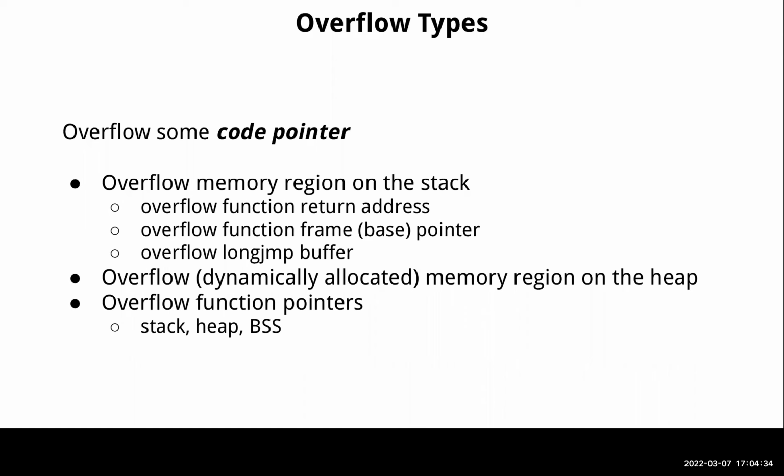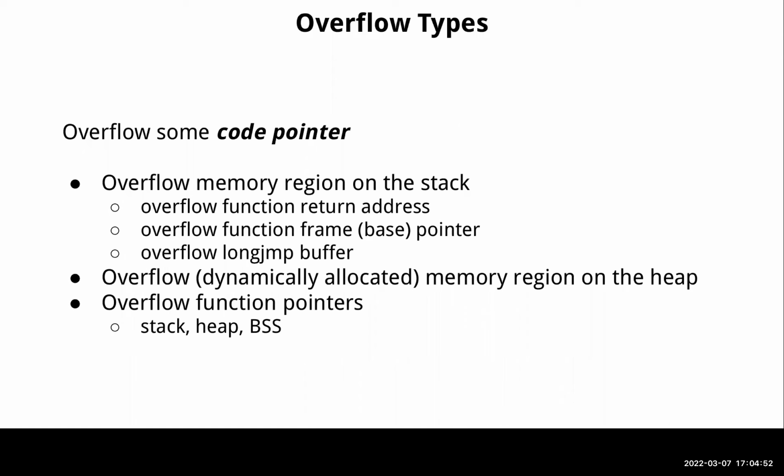So you see here, code pointer is a term that can actually cover many different things. The return address on the stack is obviously a code pointer, because it's the address of the upper-layer function and it points to code.